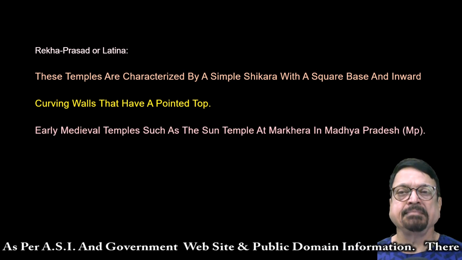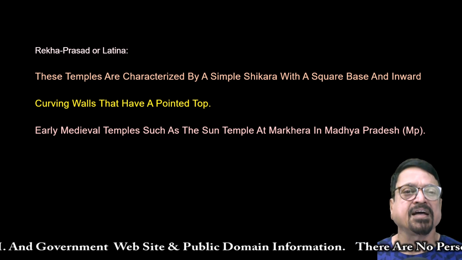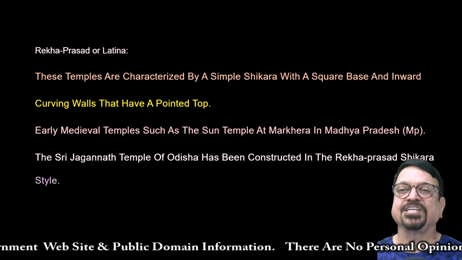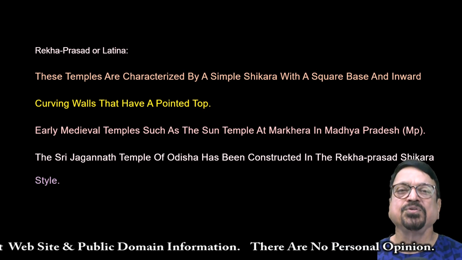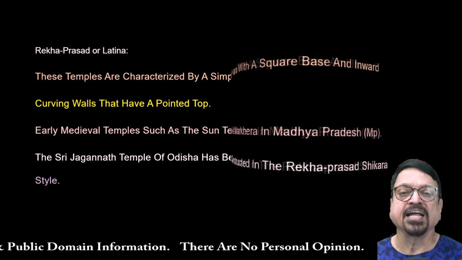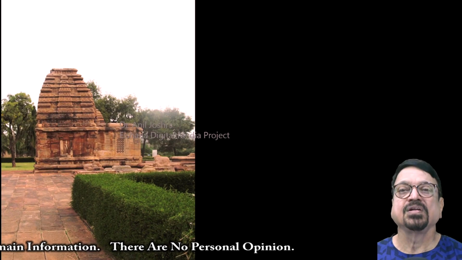Early medieval temples such as Sun Temple of Makharana in Madhya Pradesh have all these features, and Sri Jagannatha Temple of Odisha you will also find in a Rekha Prasada style. The shikharas are very characteristic and we are going to see them now.